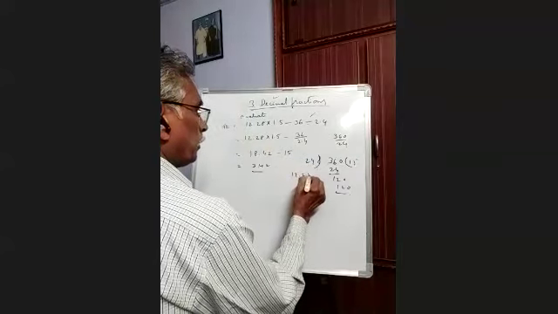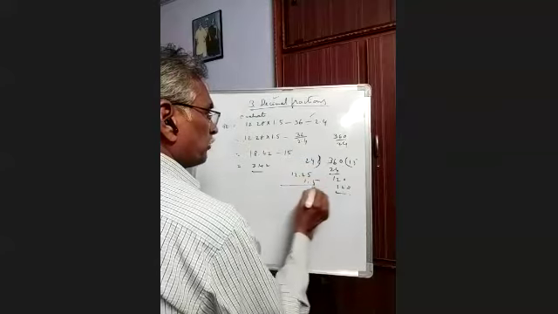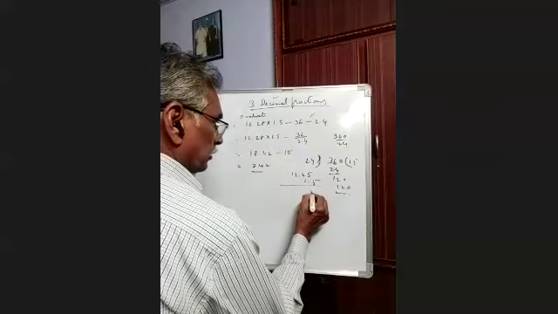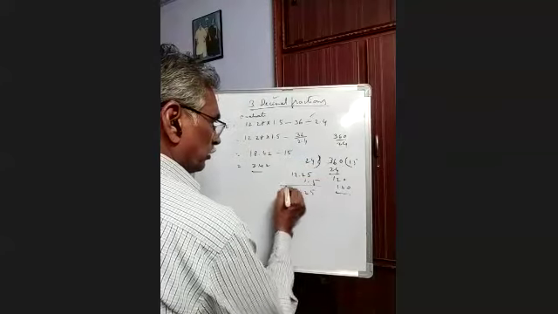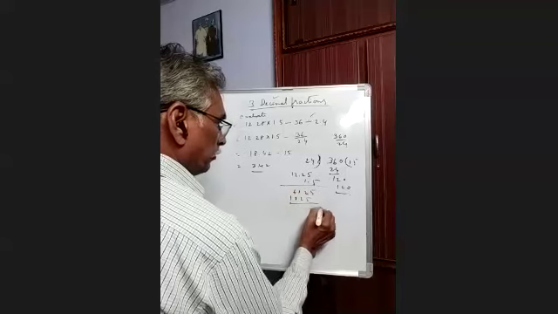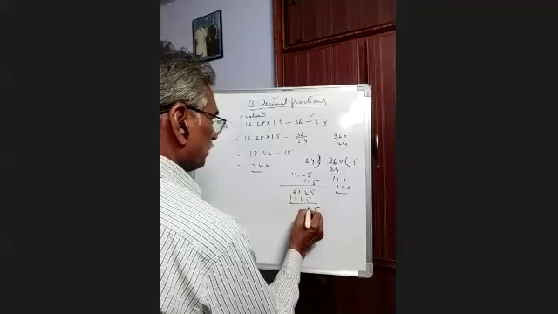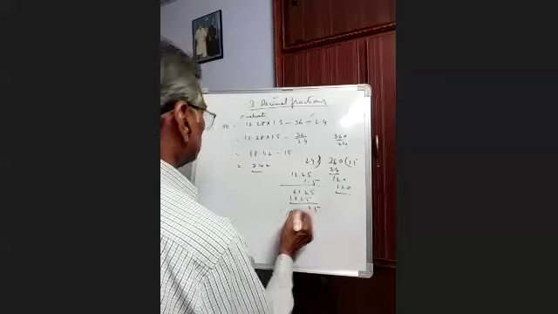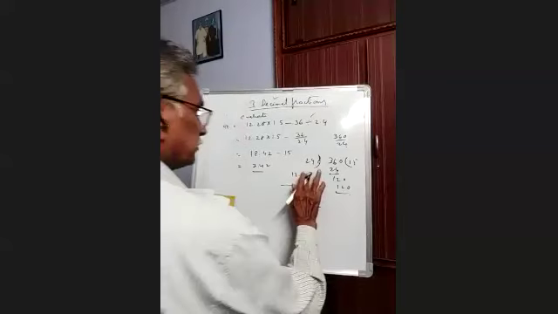12.28 into 1.5. Multiply without decimals. 5, 20, 125, 61, 12, 25, 5, 7. 12.28 into 8.